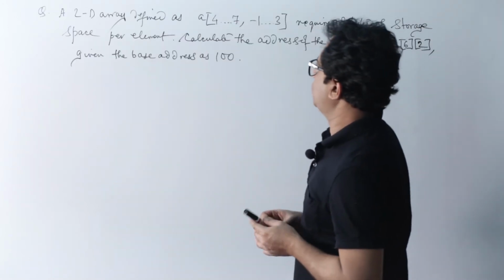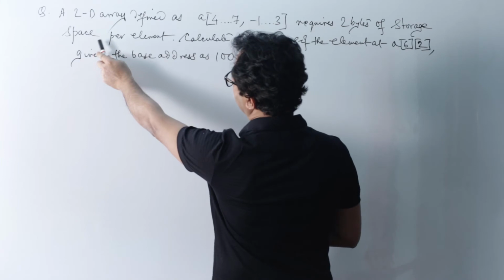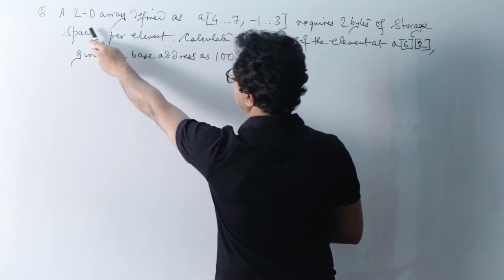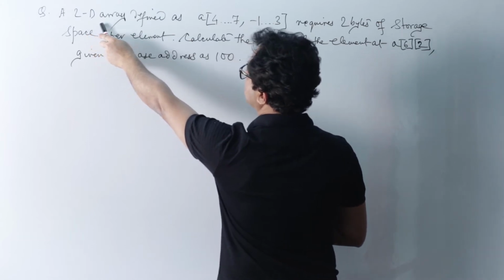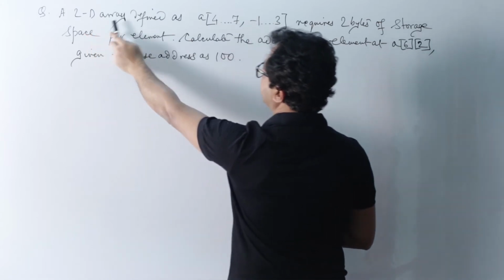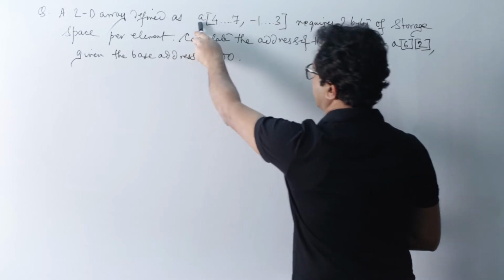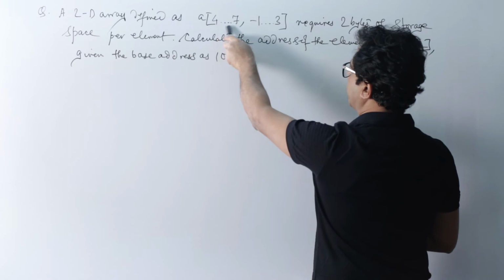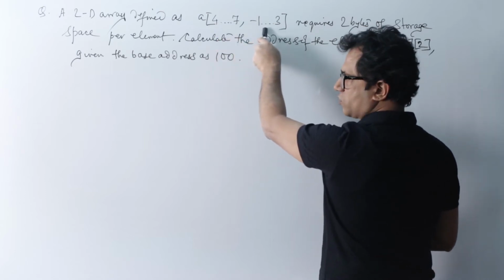So suppose a sum has been given here, which is like this: a 2D array, that is a two-dimensional array, defined as, the name of the array is small a. The index range of the rows and the index range of the columns is given.